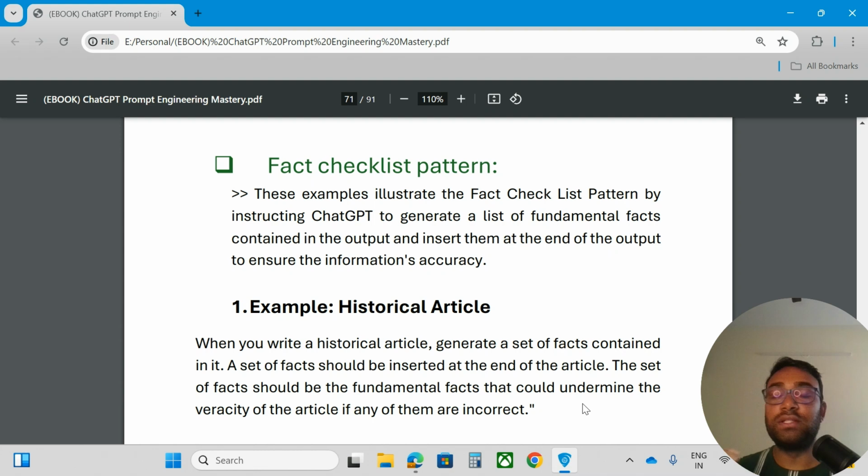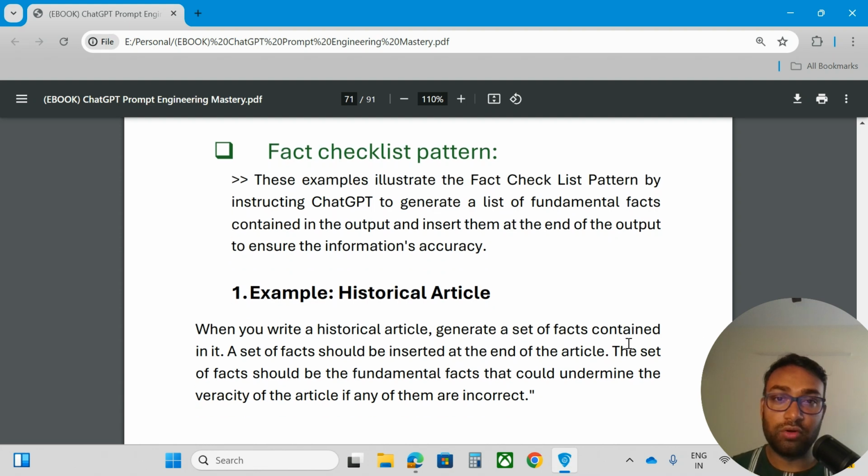So we will tell ChatGPT to provide some facts, include some facts, highlight some facts. This example illustrates the fact checklist pattern by instructing ChatGPT to generate a list of fundamental facts contained in the output and insert them at the end of the output to ensure the information's accuracy. Okay, I think you got the idea.